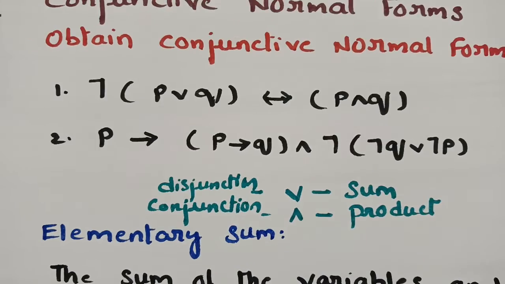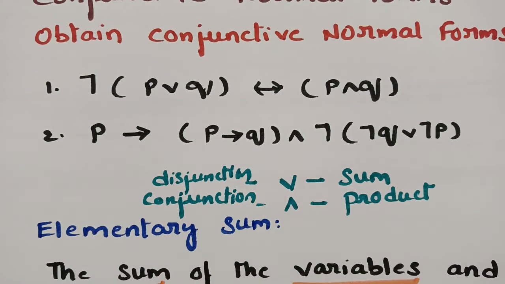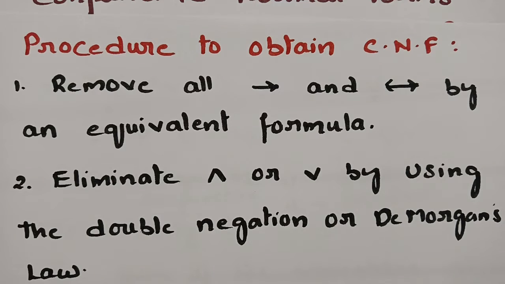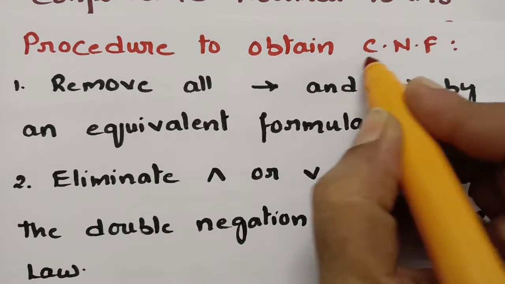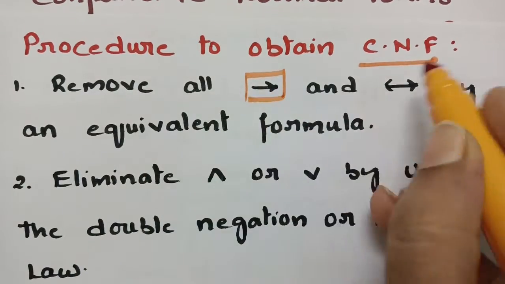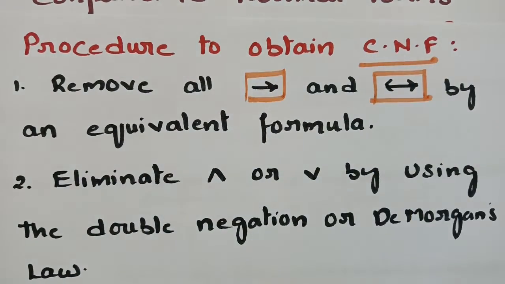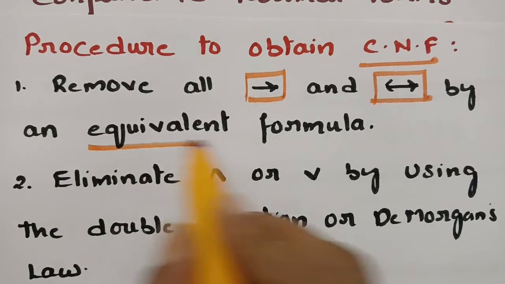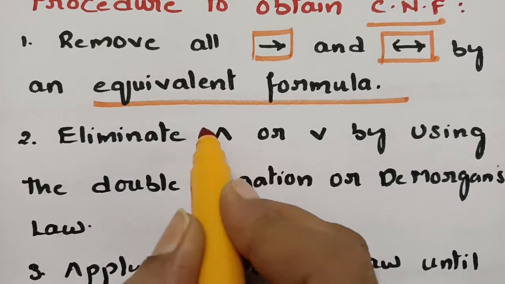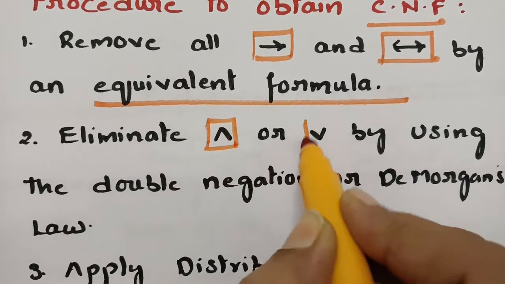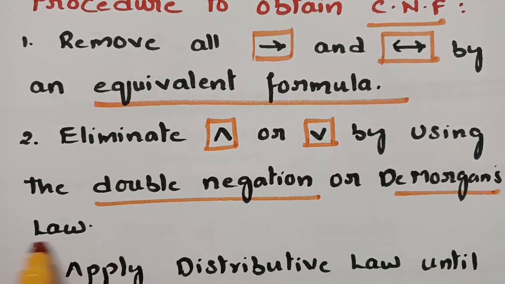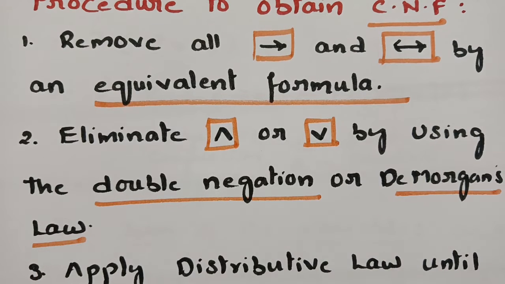Now I am going to teach you the process to solve CNF, the procedure to obtain the CNF. First of all, we have to remove the implication and double implication symbols in the given formula, in an equivalent formula. Next, we have to eliminate conjunction or disjunction by using double negation or De Morgan's laws, using all the equivalence laws.